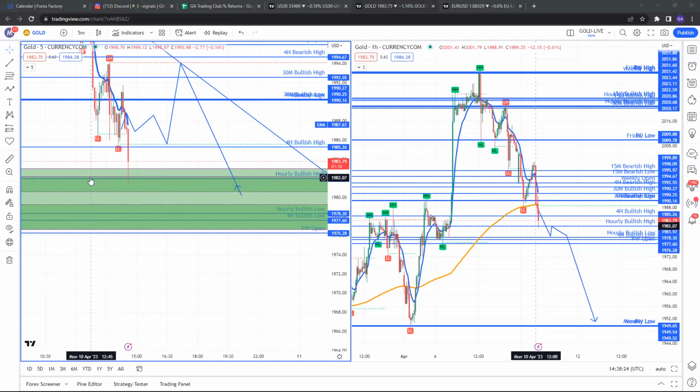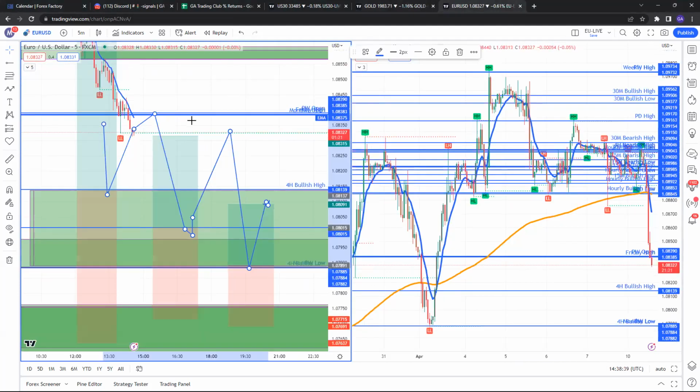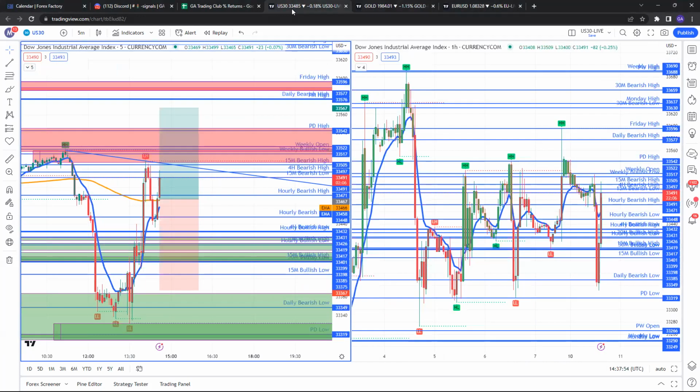Came into this demand zone within a demand zone, around 1981, spiked all the way back up for 20 pips. So you can definitely scalp quick buys on gold in this zone. But what I'm waiting for is really this EU trade. US30, we need that golden cross to come up.